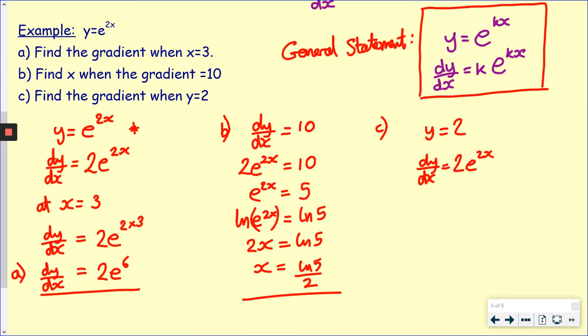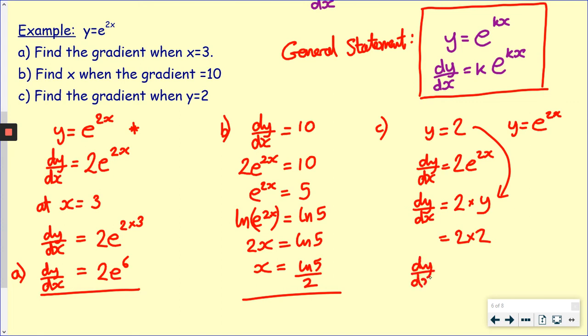But we already know that y is, as I said earlier, e to the 2x, that is the function. So here, we could rewrite that as dy/dx equals 2 times y. We know that y is just 2, so we're going to get 2 times 2, so dy/dx equals 4.